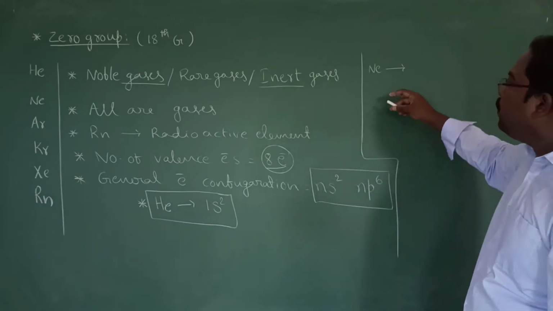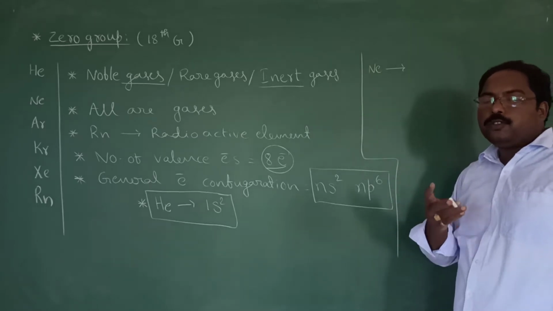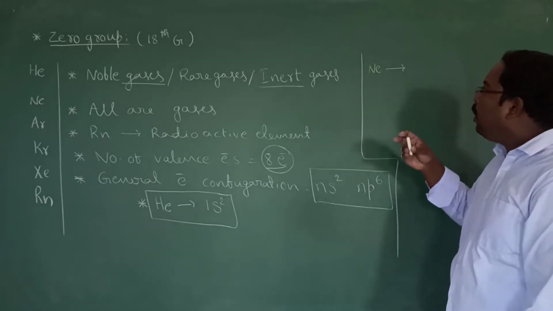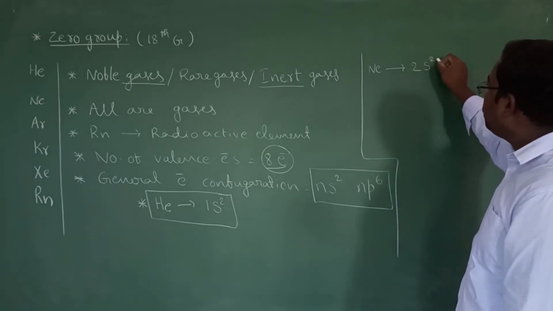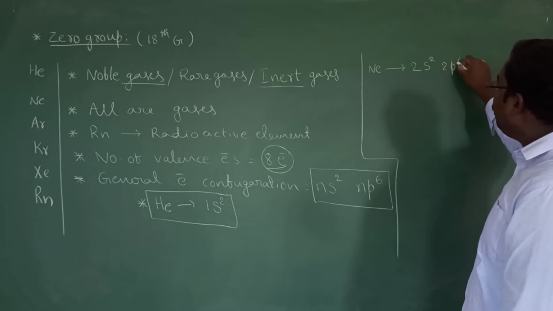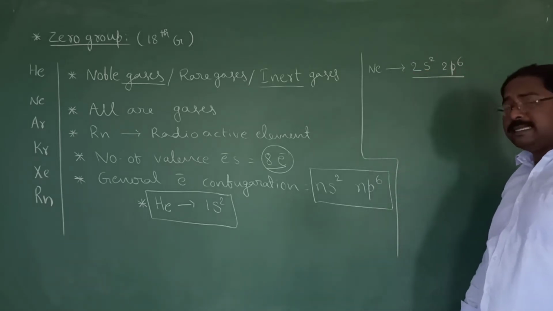So neon belongs to the second period, so it contains 2 orbits. The last orbit is the second orbit, so the principal quantum number is 2. So its valence shell configuration is 2s2 2p6.